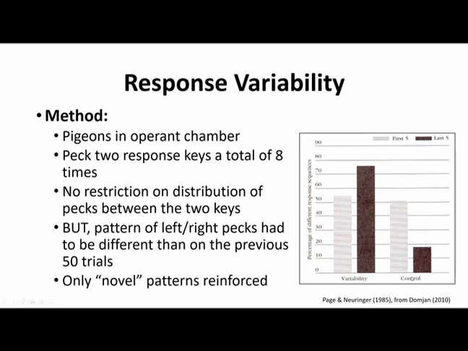Now, our control group could be either randomly reinforced, where they would receive food completely irrelevant of how many times they pecked the different keys, or they could be, like the human experiment from the textbook, a yoked control group, which just means that birds in this group would receive reinforcement whenever their paired bird from the experimental group received reinforcement.